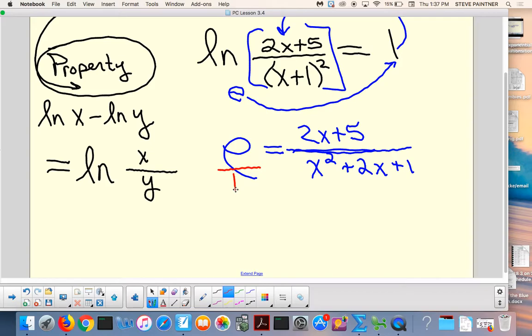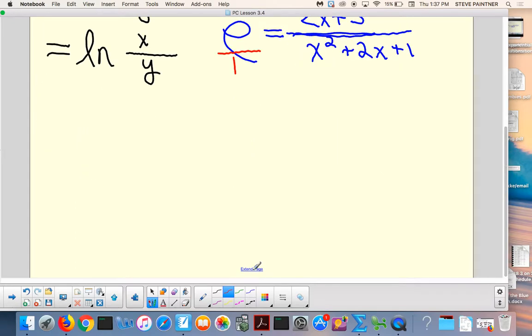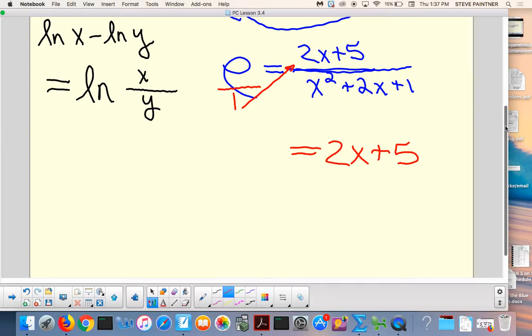What Hannah is saying is multiply each side by this number. She's right. That will give you the same thing as cross multiplying. But to me, when I see two fractions equal to each other, I cross multiply. I take e, or 1 times 2x plus 5. That's 2x plus 5, right? And then I do this one. E times this, right? E times this.